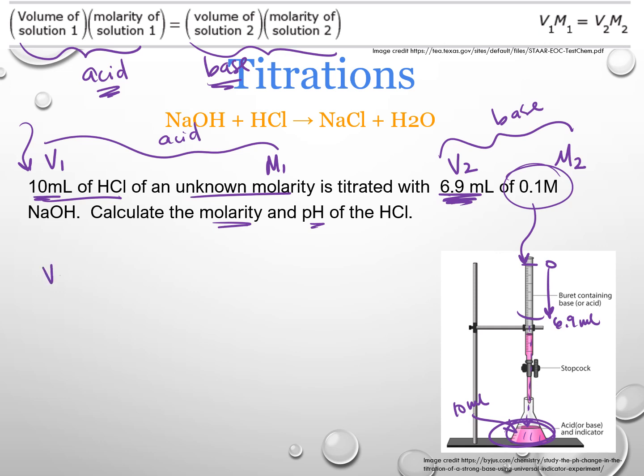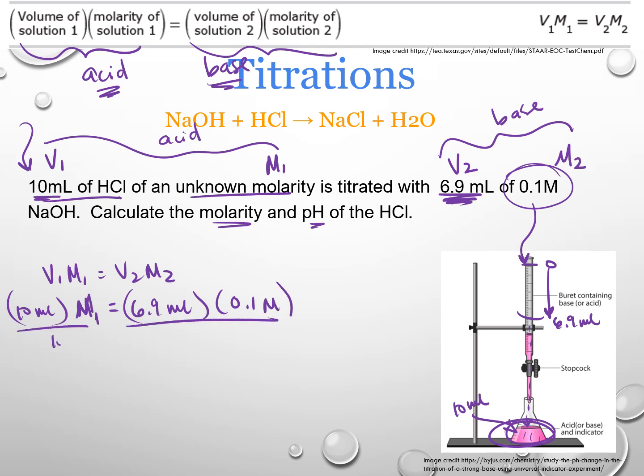So when we do V1 M1 equals V2 M2, V1 is 10 milliliters. Molarity 1, I don't know, that's what we're going to solve for. V2 is 6.9 milliliters and M2 is 0.1 molar. To solve for M1, I'm going to divide both sides by 10 milliliters. That cancels out there. Over on the right side, my milliliters cancel out, and I can multiply 6.9 times 0.1 divided by 10. My friends, we can do this in our heads. No calculator needed.